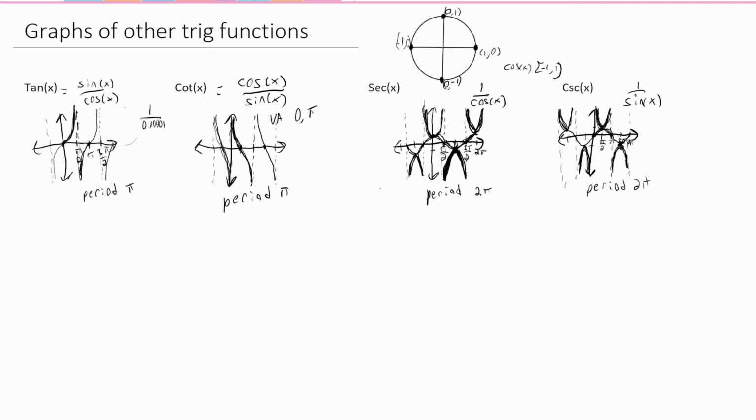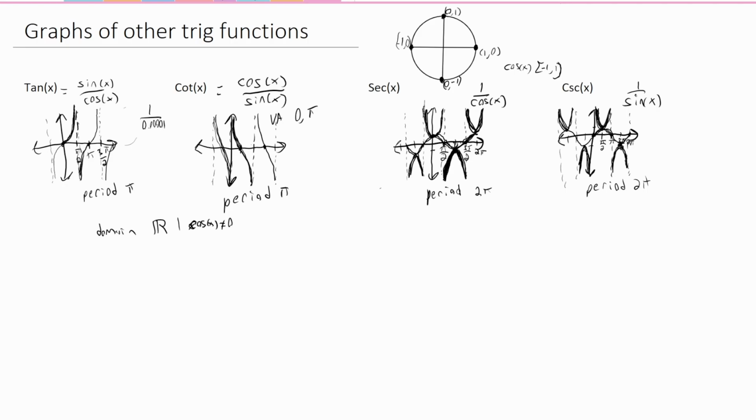Now, a couple of other key things to notice for all of these is if we look at the domain. So the domain of tangent is going to be all real numbers such that cosine of x does not equal 0.